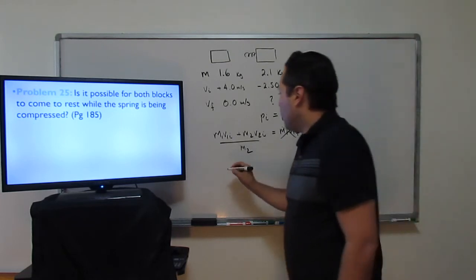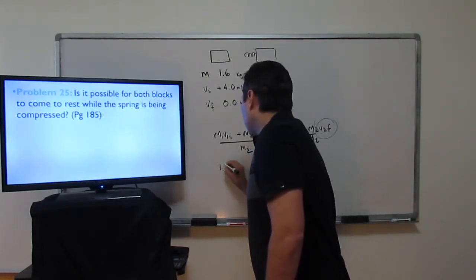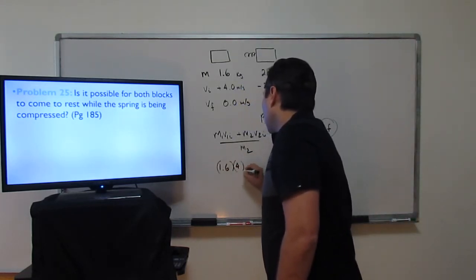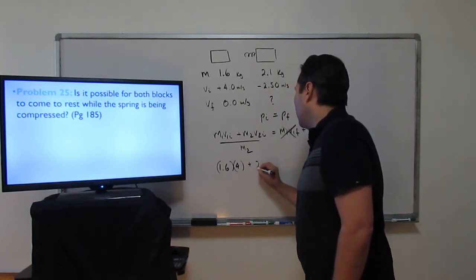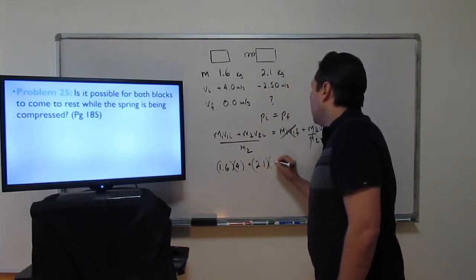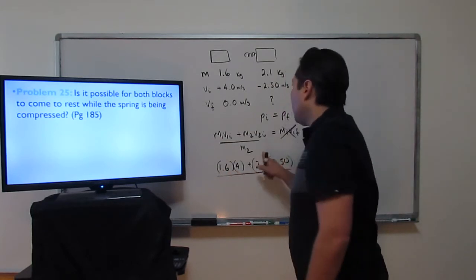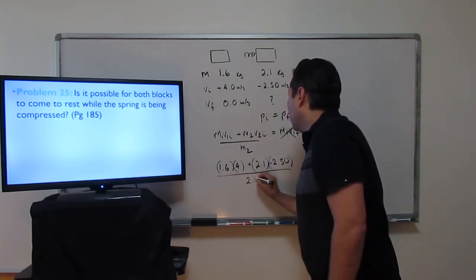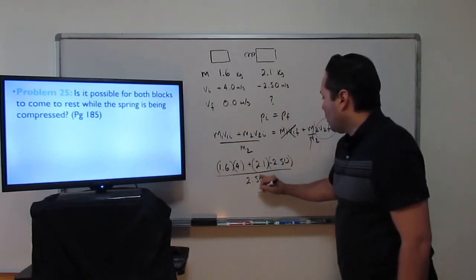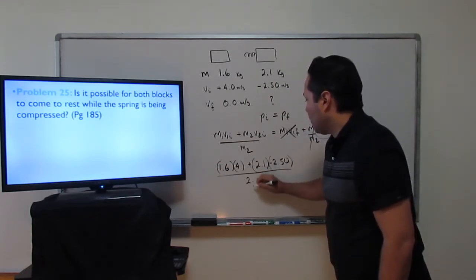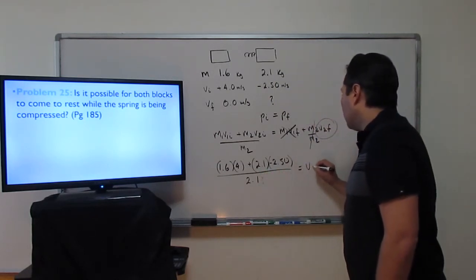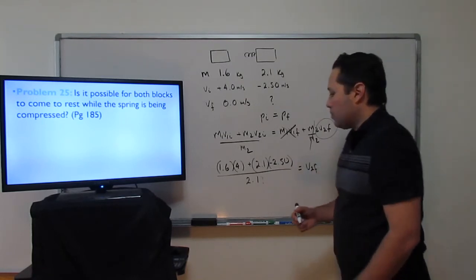Alright, so m1 v1 is going to be 1.6 multiplied times 4 plus m2 v2, it's going to be 2.5, negative there, all of it divided by m2, which is 2.1 for the mass. Alright, and that will give us our velocity final for object number 2.